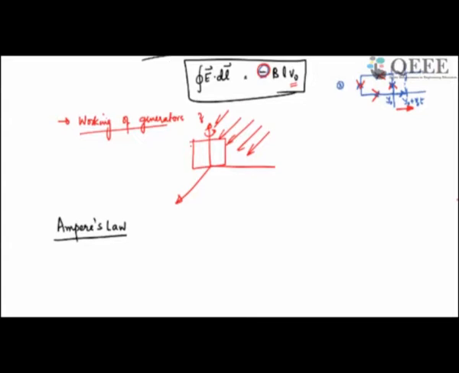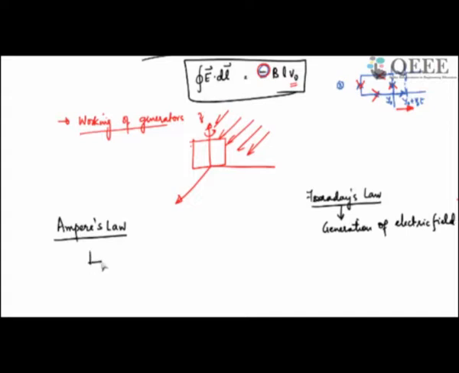Now, Faraday's law talked about generation of electric field. We said a time varying magnetic field will produce an electric field. Ampere's law is going to consider the reverse.